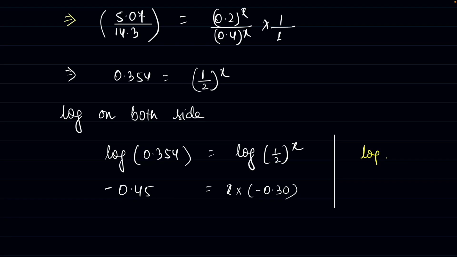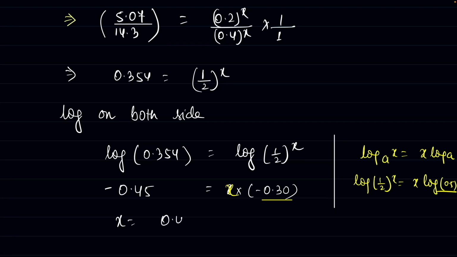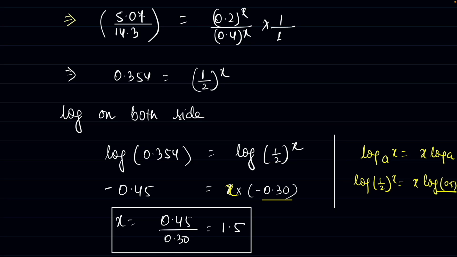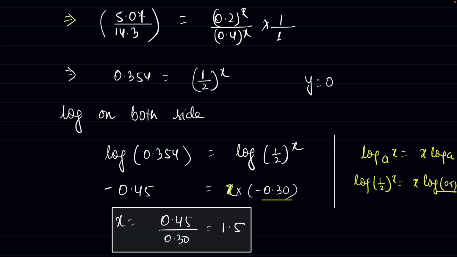Log a to the power X is equal to X log a. So similarly, log of 1 by 2 to the power X is equal to X log 0.5, and its value is given here. This is our X. So based on this, X is equal to 0.45 divided by 0.30, which is equal to 1.5. So now the answer of this question is Y is equal to 0 and X is equal to 1.5.